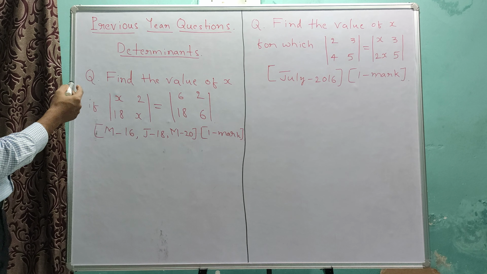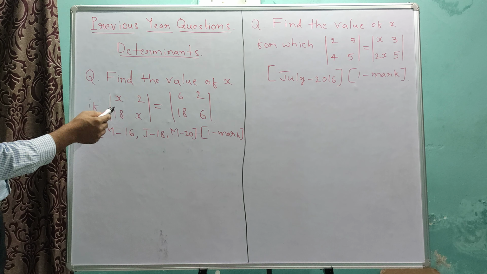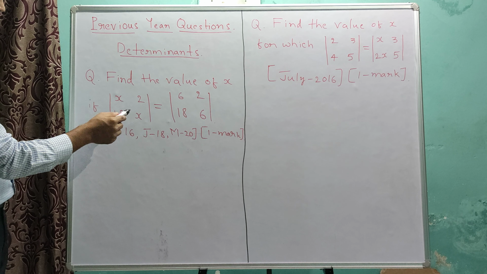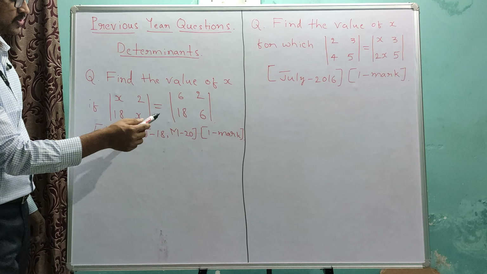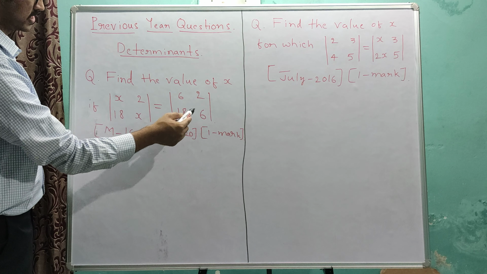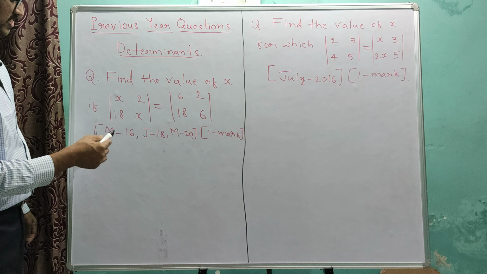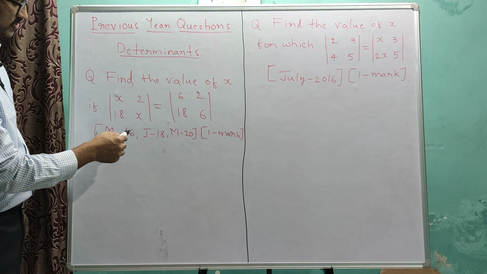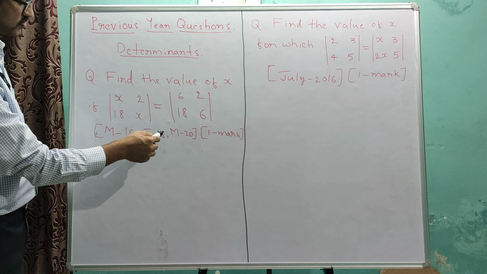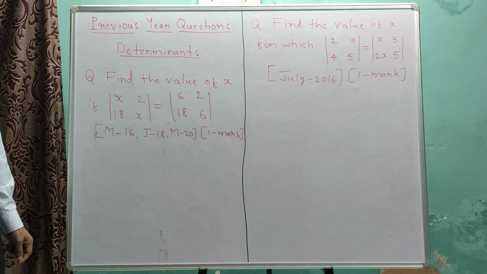Next question: find the value of x if the determinant of x, 2, 18, x is equal to the determinant of 6, 2, 18, 6. This is a 1 mark question which is asked in March 2016, July 2018 as well as March 2020.